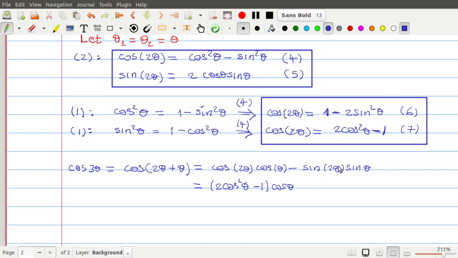And for sine 2 theta, we only have one formula, so we can substitute that. That will be minus this expression into sine theta. So if I multiply sine of 2 theta by sine theta, I will get 2 cosine theta sine square theta.